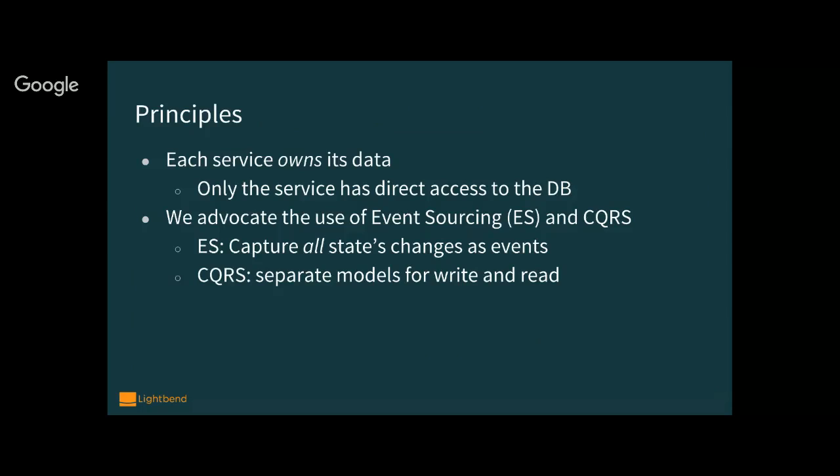But in the development environment, each microservice has its own database and direct access to it, being Cassandra. We also advocate event sourcing and CQRS. The idea with event sourcing is that we capture state changes and persist them as events. And in CQRS, we separate the idea of writes and reads. We'll talk about that more on the next slide.